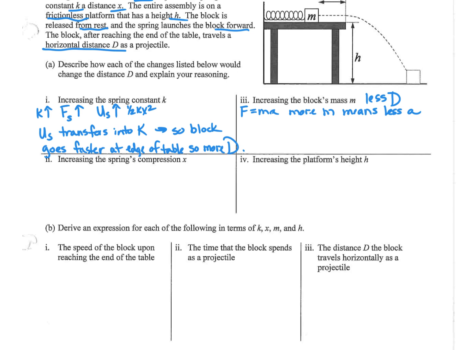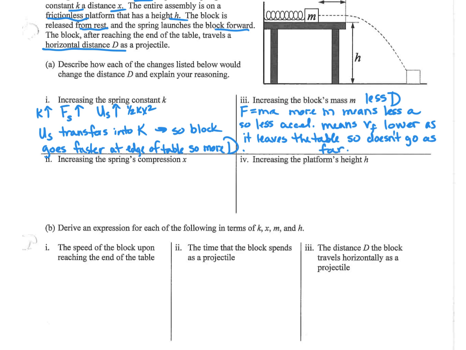Less acceleration means your final velocity is lower, right? As it leaves the table. So it doesn't go as far.